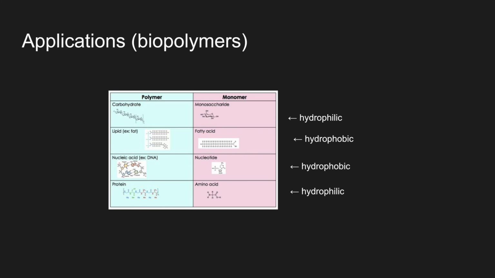One way that these biopolymers are classified is whether they are hydrophobic or hydrophilic. And although this may seem like a simple classification, understanding these properties is actually very crucial to understanding how these structures can diffuse in and out of membranes of a cell and interact with the surroundings of the cell.